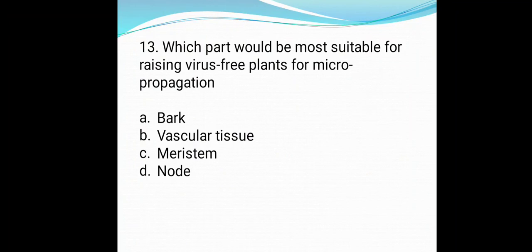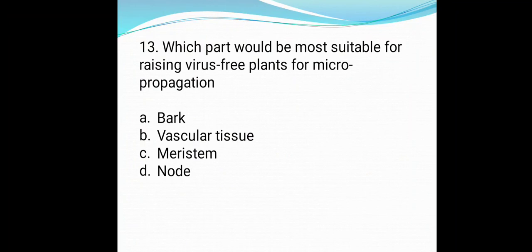Which part would be most suitable for raising virus-free plants by micropropagation? The actively growing region of the plant, such as the plant meristem, remains free of infection even when the plant itself is infected.